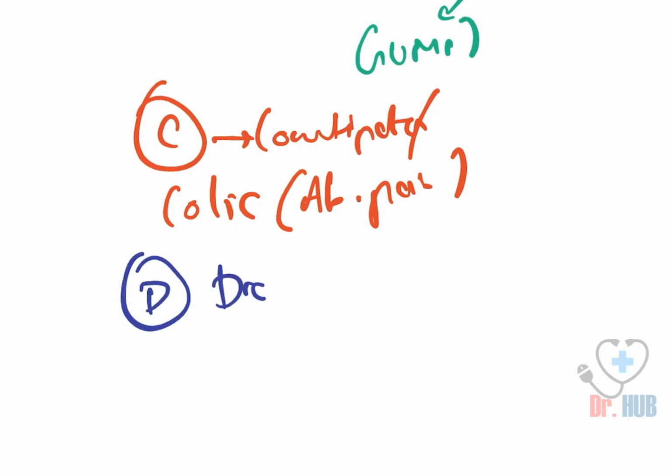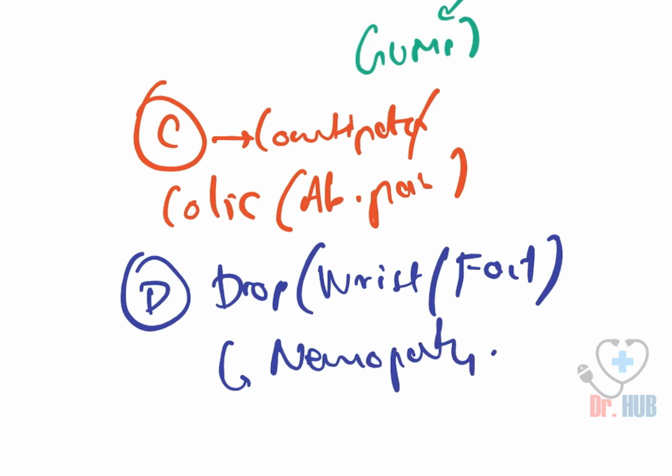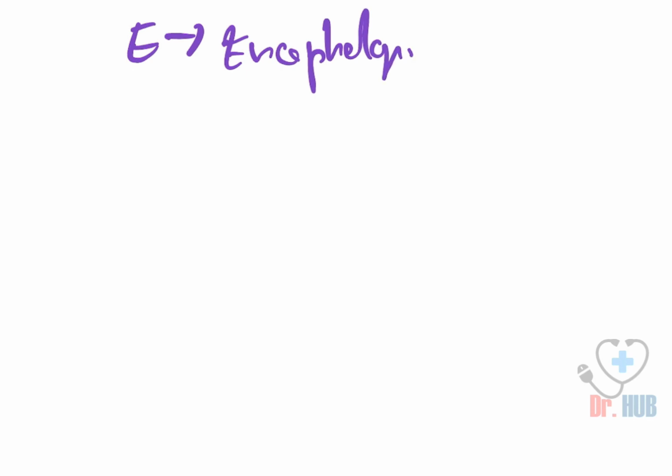Then we look at D. D is nothing but drop in the wrist as well as the foot, and this is due to neuropathy. Then we look at the letter E, which is for encephalopathy.